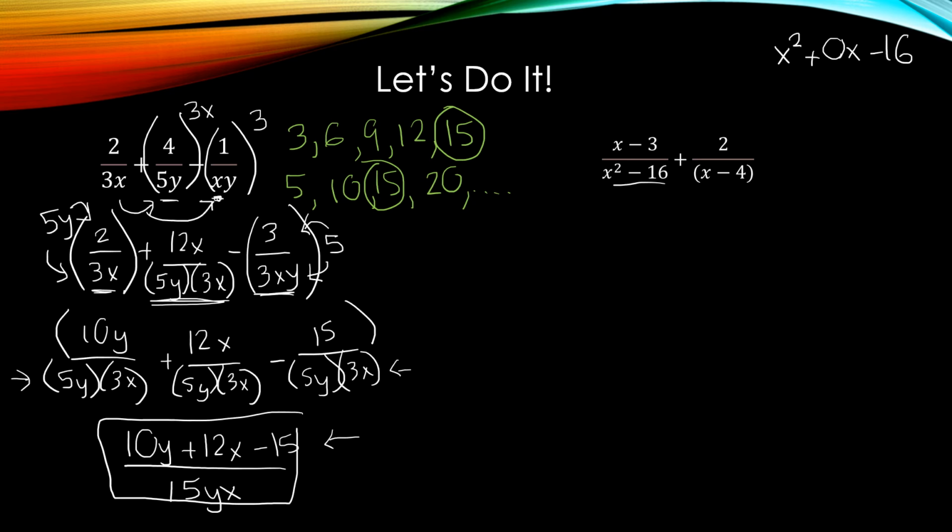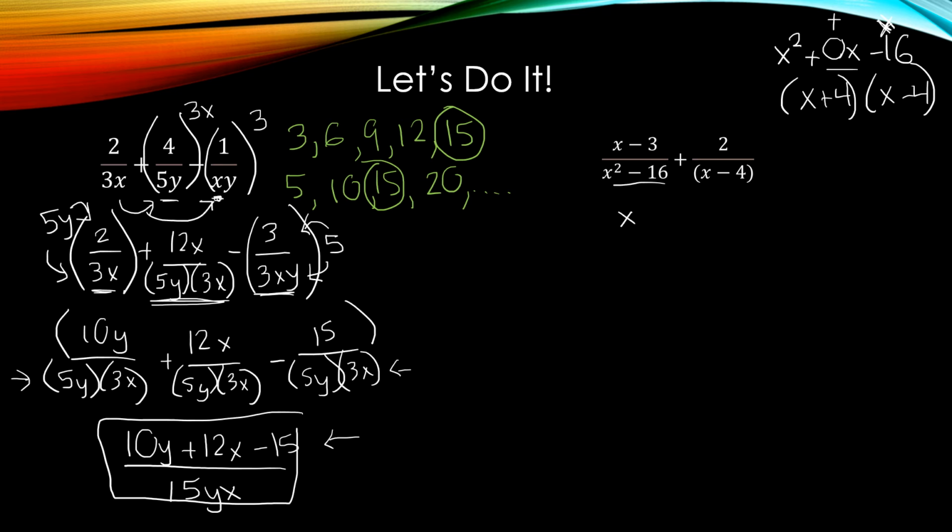It's the same problem, it just has a placeholder 0x. And then I see what adds to 0 and multiplies to negative 16. And that's going to give you x plus 4, x minus 4.